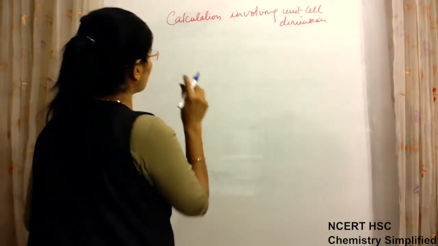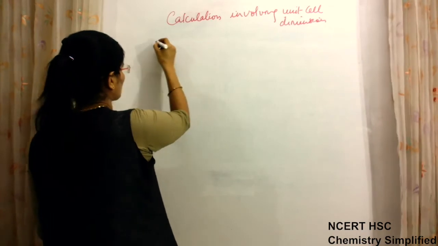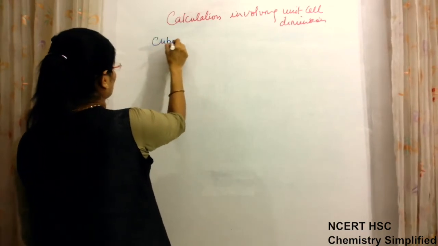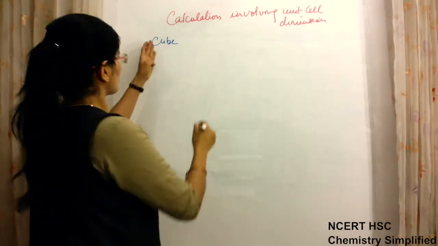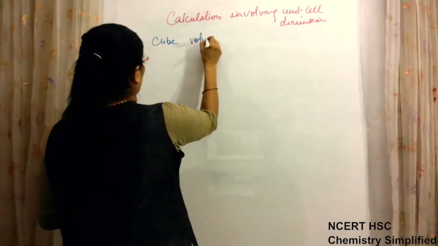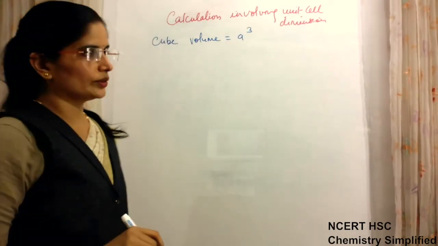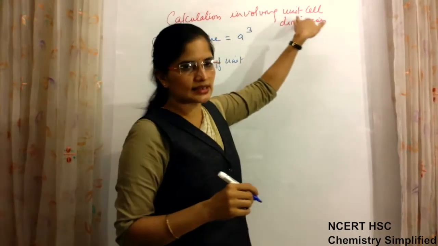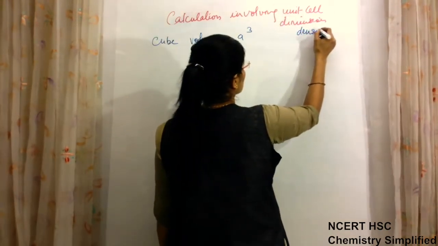How is it derived? If we talk about a unit cell, because the unit cell is a cube in the cubic structures which we are commonly studying, the volume of the cubic structure is a cube. Calculation involving unit cell dimension: we are going to the formula to find density.